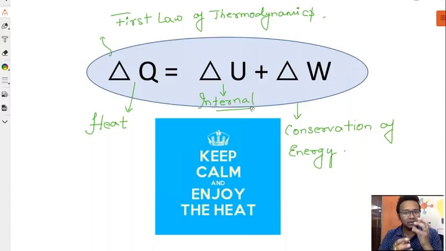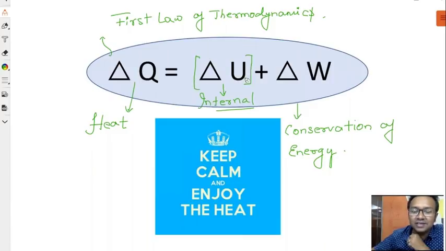So what is going to happen when you supply heat to it? It is going to take all that heat and increase its temperature. As the temperature increases, the kinetic movement of the molecules also increases. They are going to get more energy. So the heat utilized goes into increasing the kinetic energy of the molecules in the gas. So that is my first term.